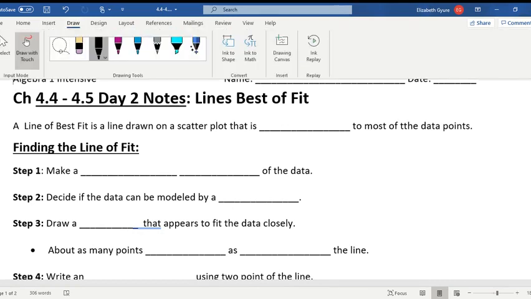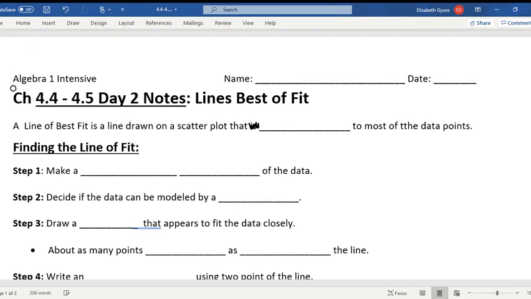We're gonna get rid of that is, that represents most of the data. There, I like that wording better. A line of best fit is a line drawn on a scatter plot that represents most of the data points.